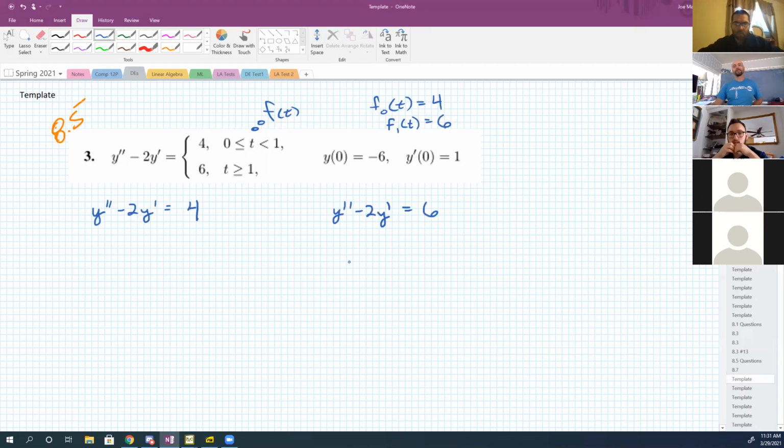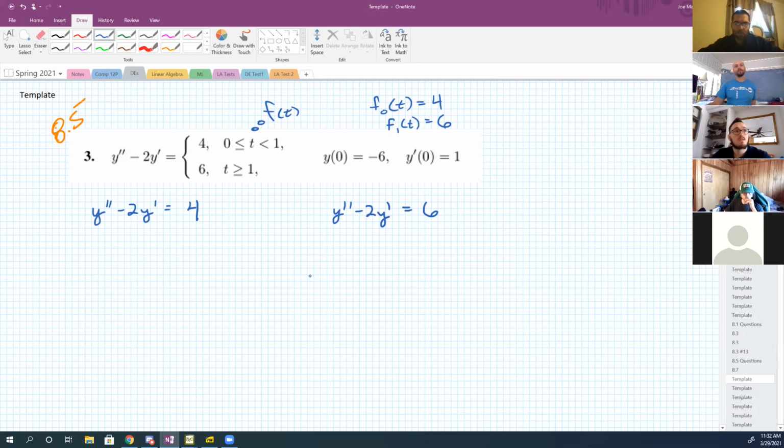But the only difference is that since it's an IVP, they used the initial values in solving the left one, but then they also evaluated the left one at the discontinuity point, so at 1, once they got a solution.